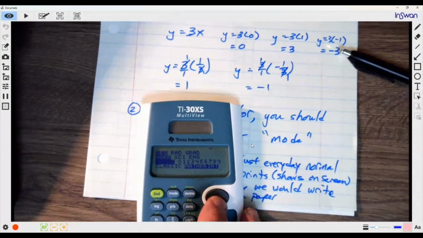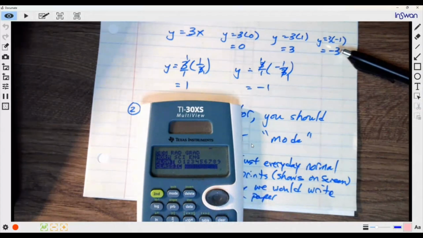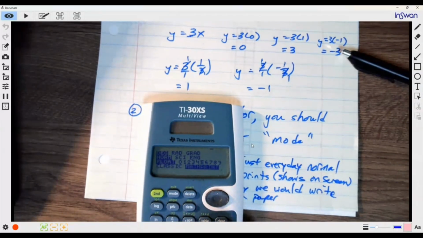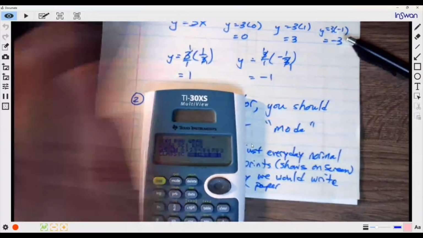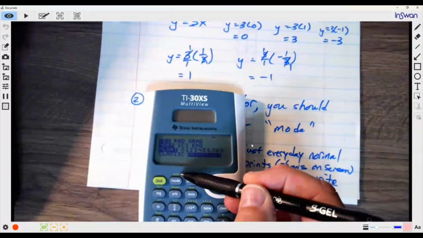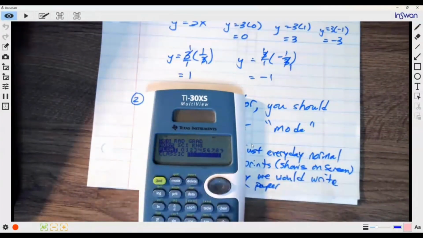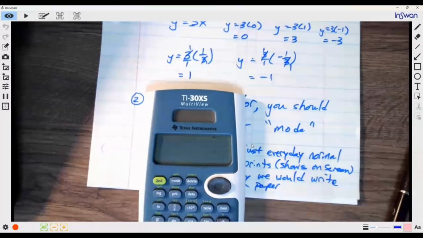But if yours is sitting here blinking on classic instead of on math print, then you can come down to that line, go over to math print, hit enter, and then we can get out of this screen by using the quit. And anything that's in green, you have to hit the green button first, and then mode will take us out and quit.